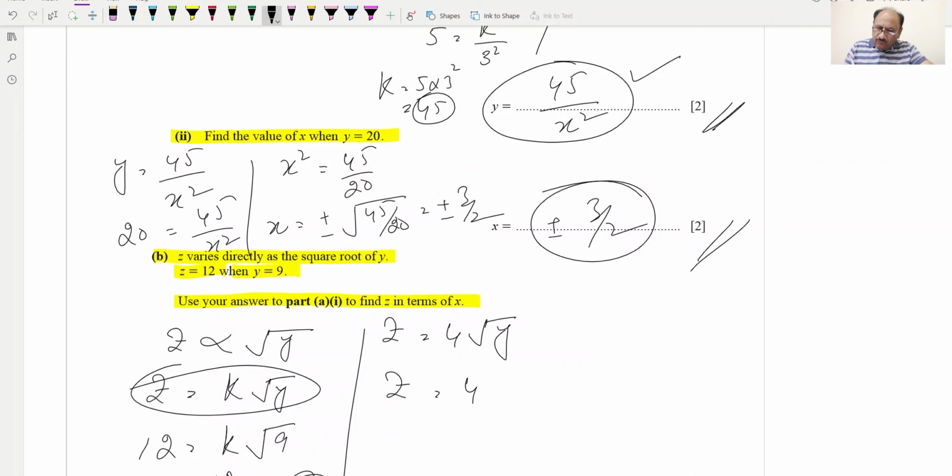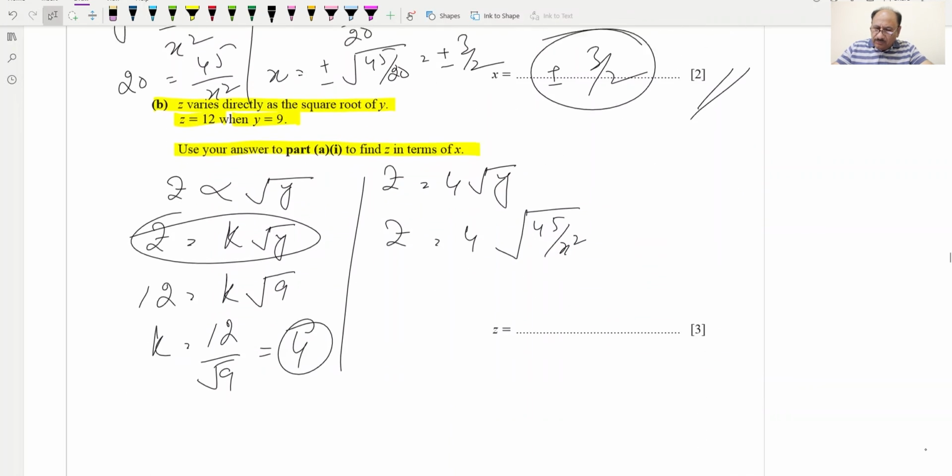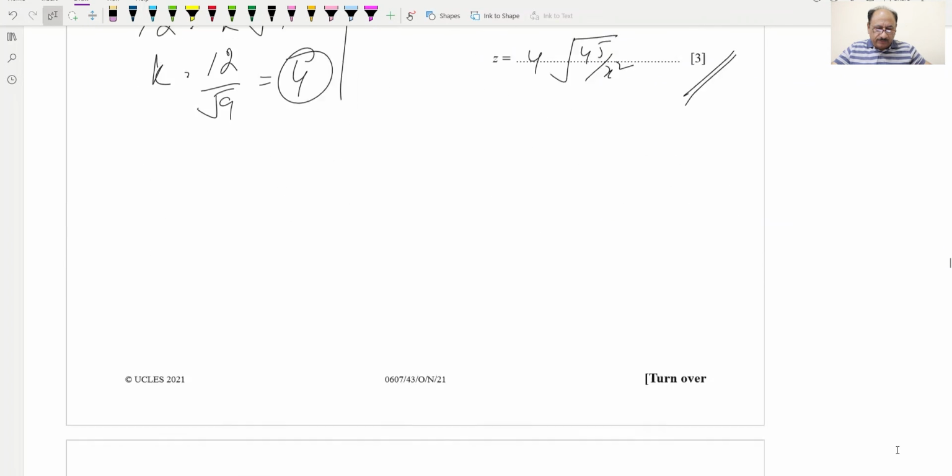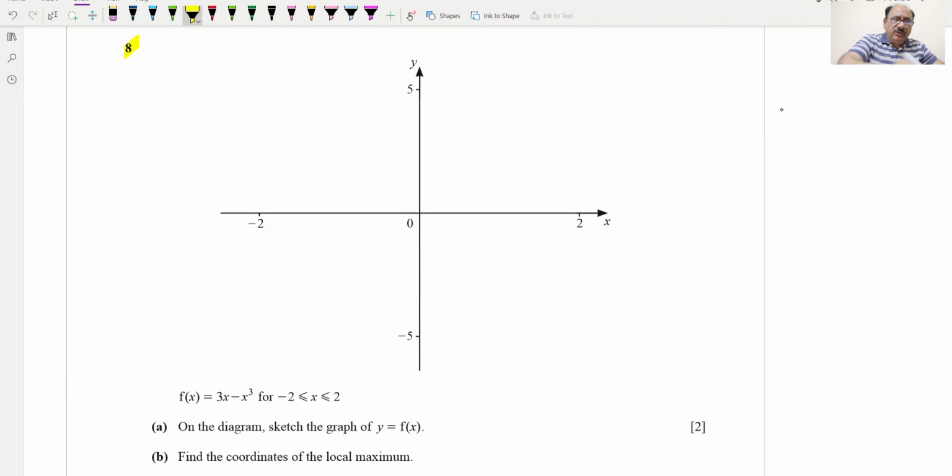Z is equal to 4, and this will be 45 over x squared, and this will be our final answer, which we can write as 4 square root of 45 over x squared. This is a 3 marks question which we are done. Hopefully you understood this. Question number 8.